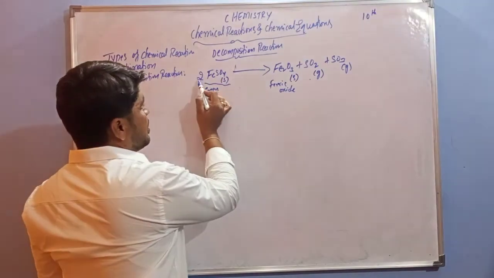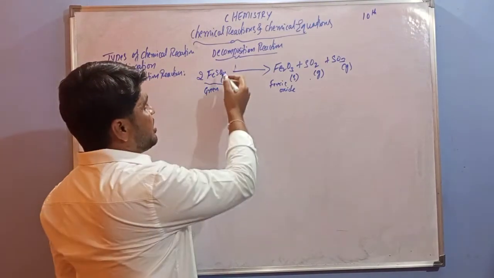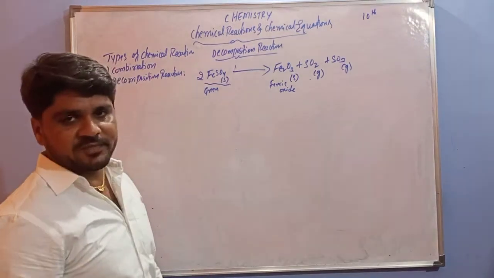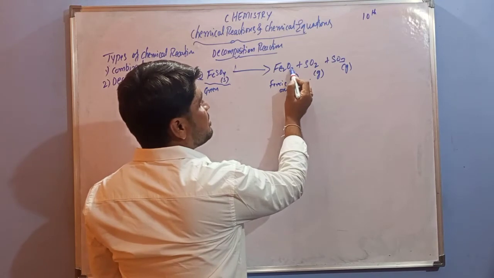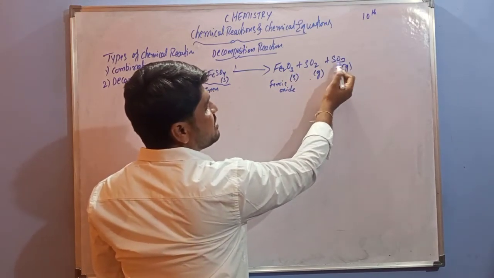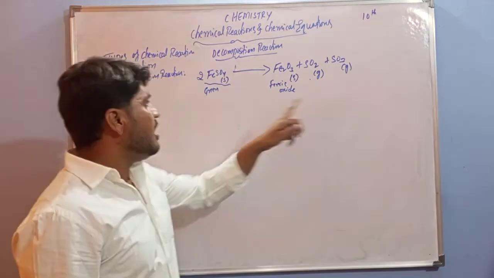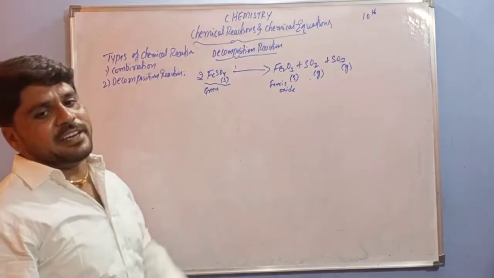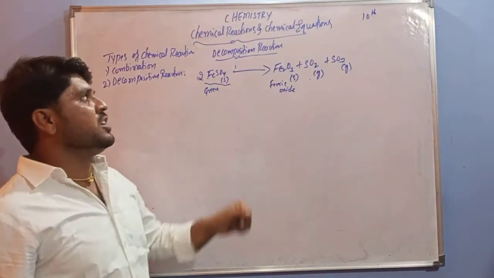Next is oxygen: 2 times 4 is 8 oxygen atoms on the reactant side. On the product side, here 3 plus 3 is 6, and here 2, totally 8 oxygens. Right now, this is an example of decomposition reactions.